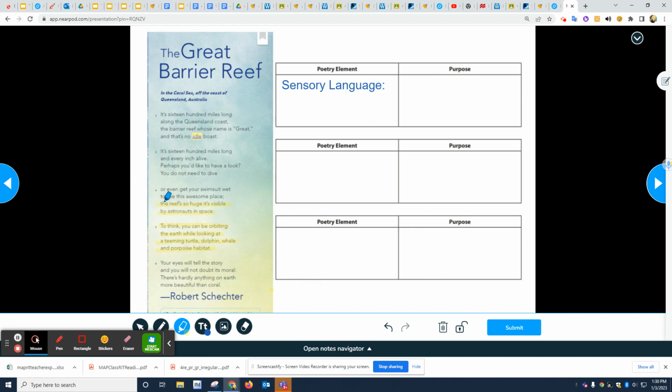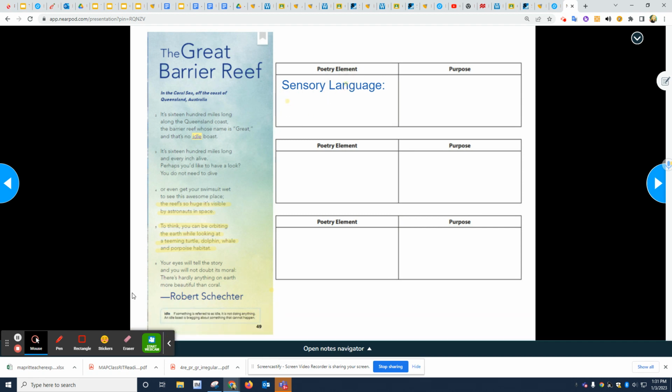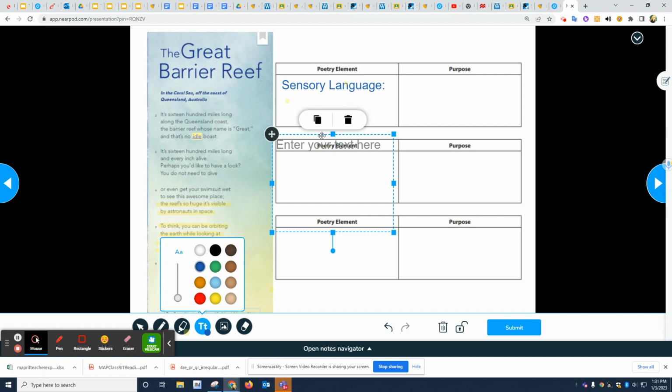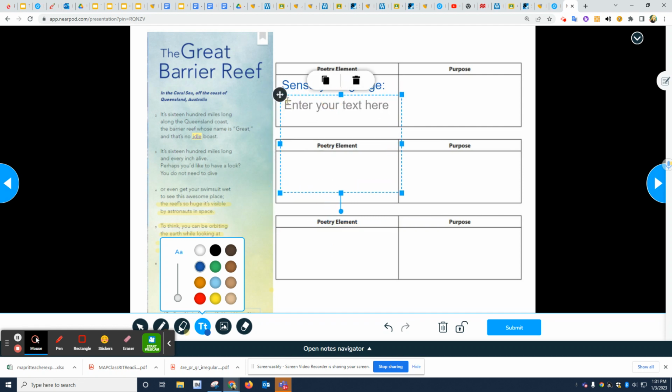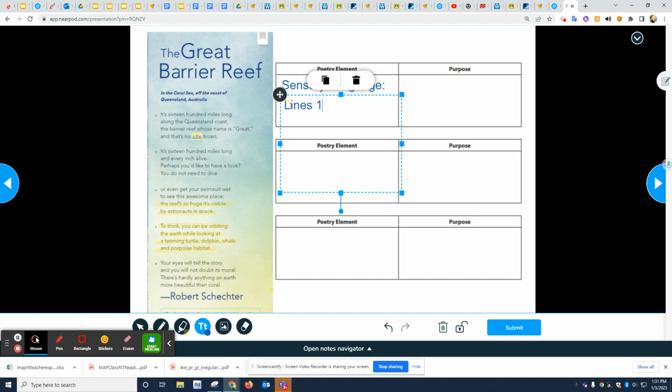And so those are lines 4, 8, 9, 10, 11, 12, and 13, 14, 15 through 16.